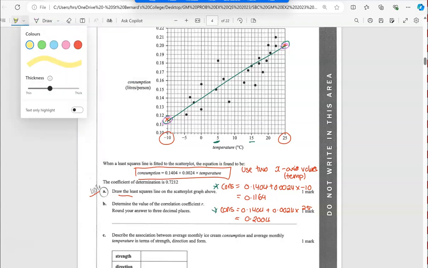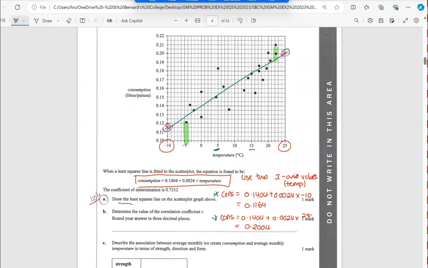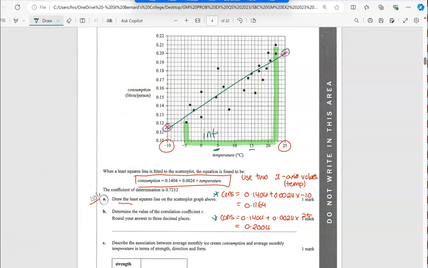Interpolation, I'm going to do it in green, means you go from your first dot to your last dot out here. So anything predicted in here would be interpolation, within your data recording.